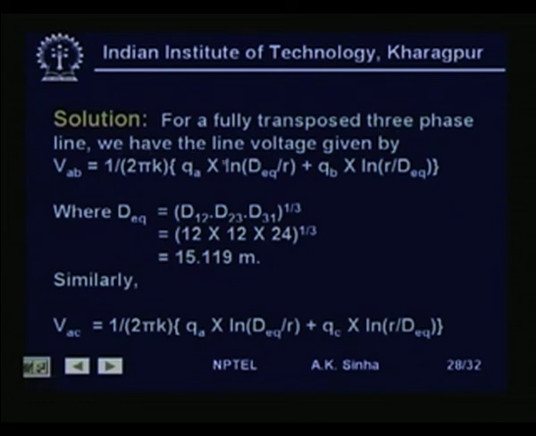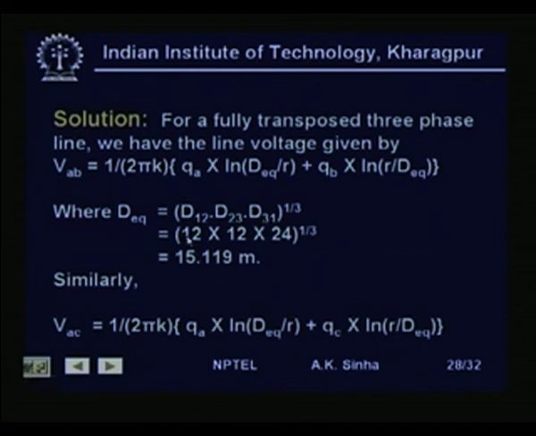The voltage is given by the relationship VAB is equal to 1 by 2 pi epsilon into qA into ln DEQ by r plus qB into ln r by DEQ, where DEQ is equal to D12 into D23 into D31 to the power 1 by 3, that is cube root of D12 D23 D31.